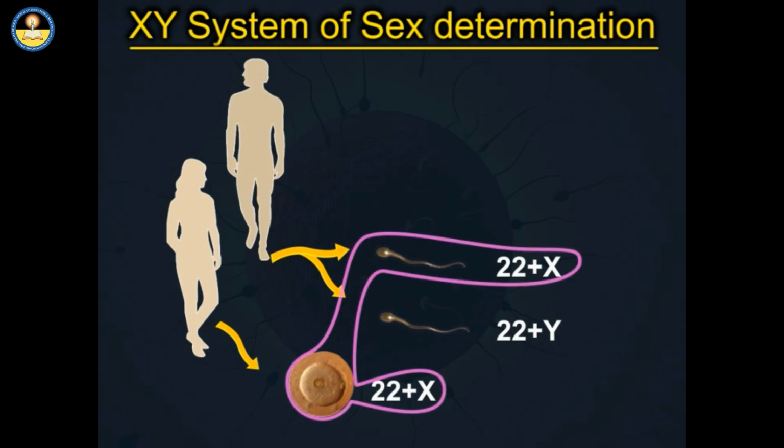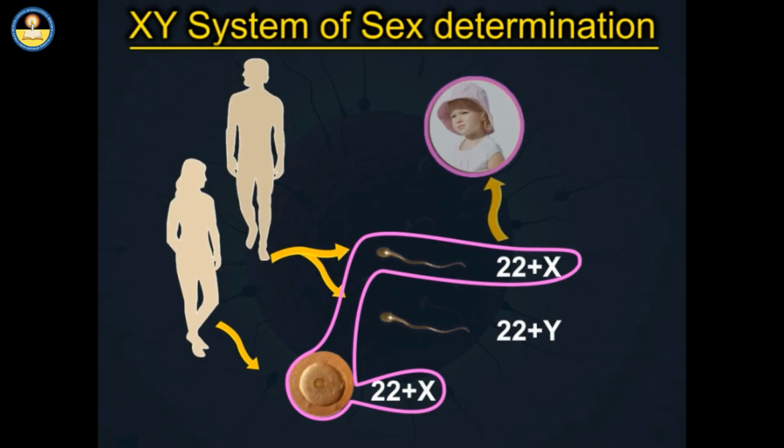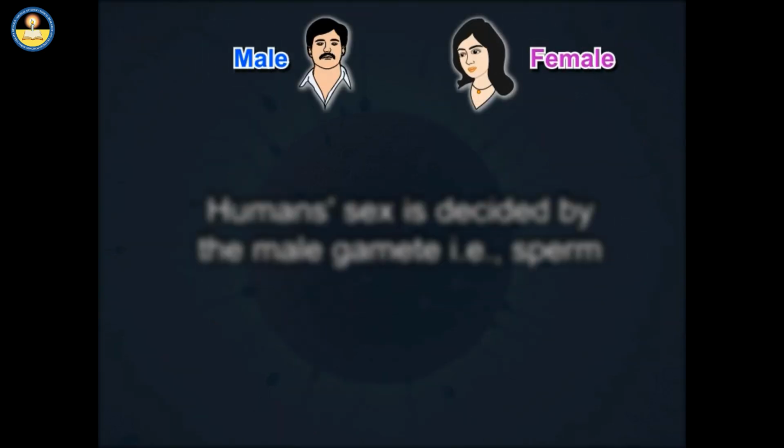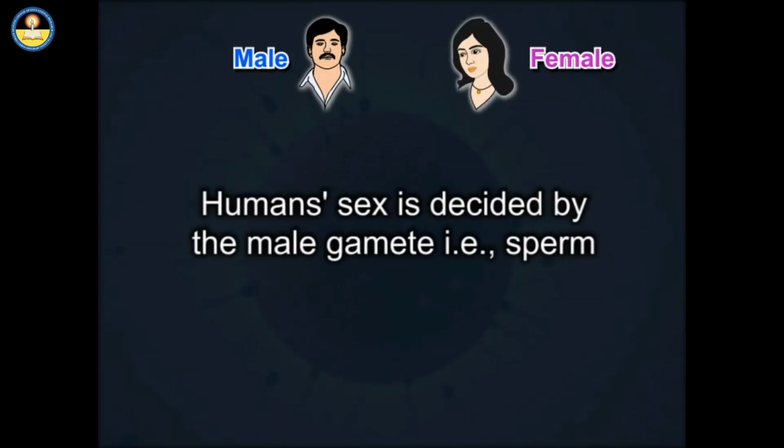When an egg and a sperm fuse during reproduction, the chromosome that the sperm carries determines the sex of the child. This is the generally accepted theory of sex determination in man. Actually, human sex is decided by the male gamete, that is, sperm.